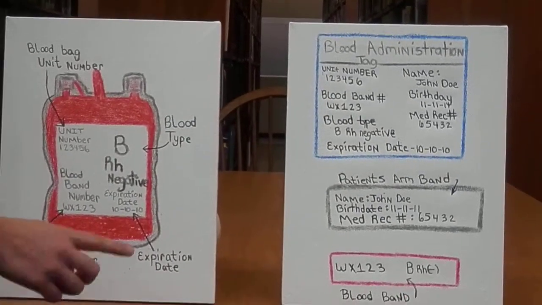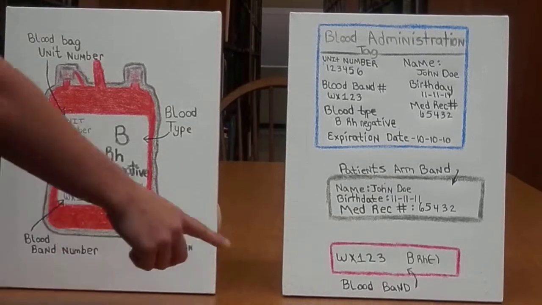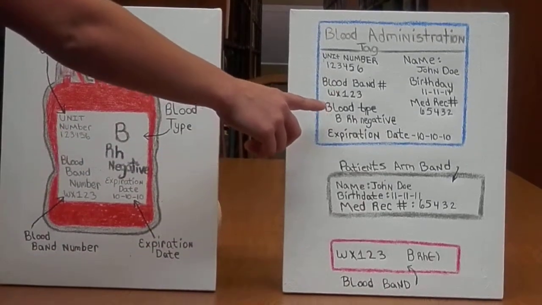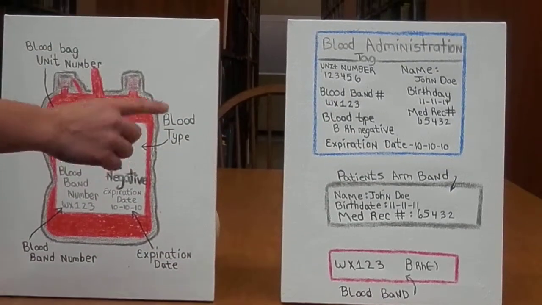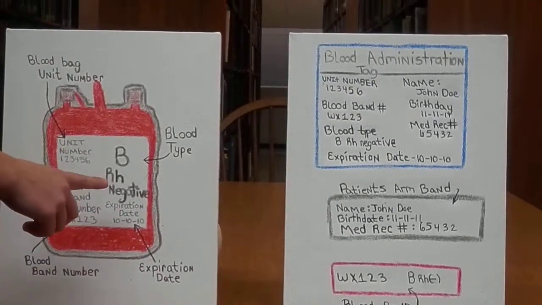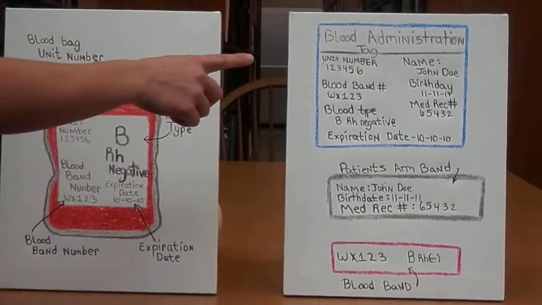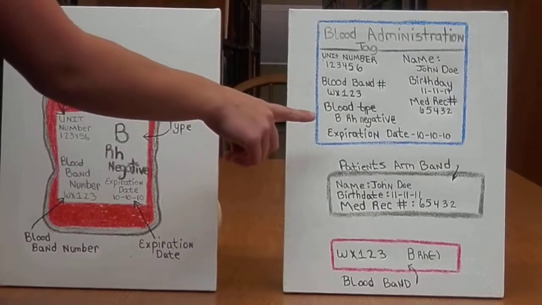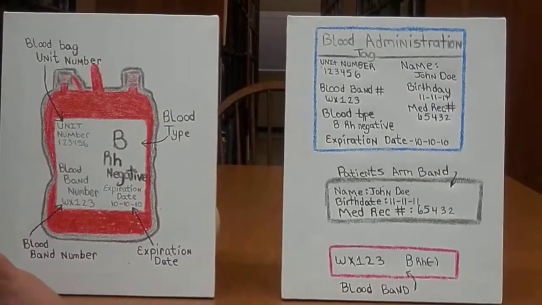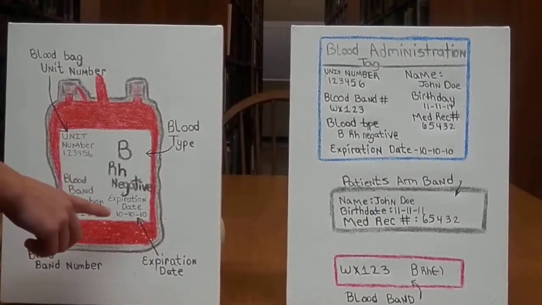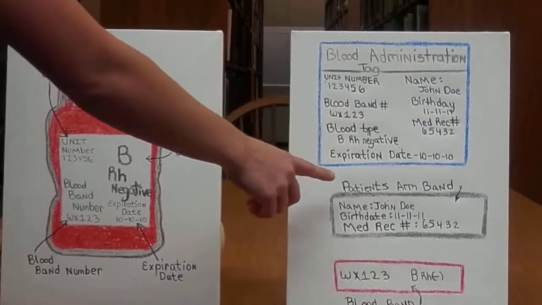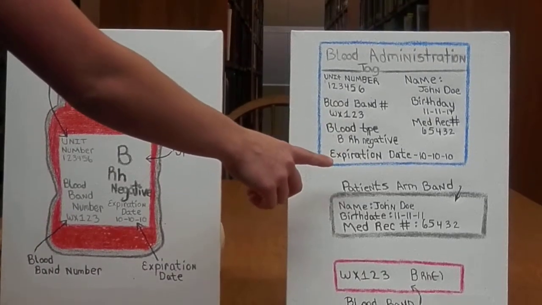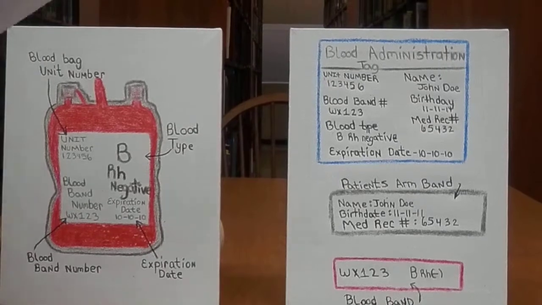You want to check the blood band number with the blood band number on the blood administration tag. You want to check the blood type on the blood bag with the blood type on the blood administration tag. And finally, you want to check the expiration date with the expiration date on the blood administration tag to make sure they are all correct.